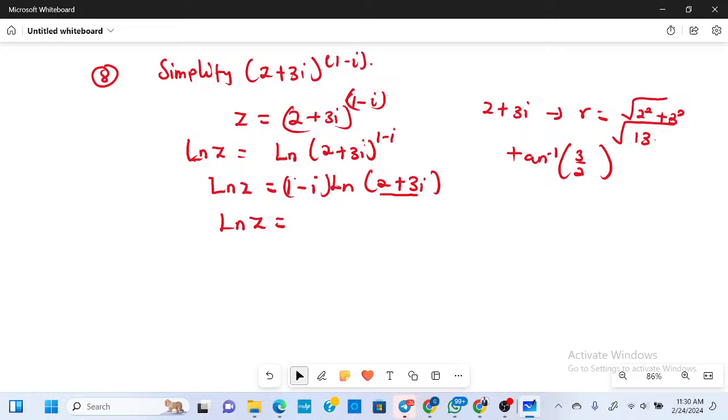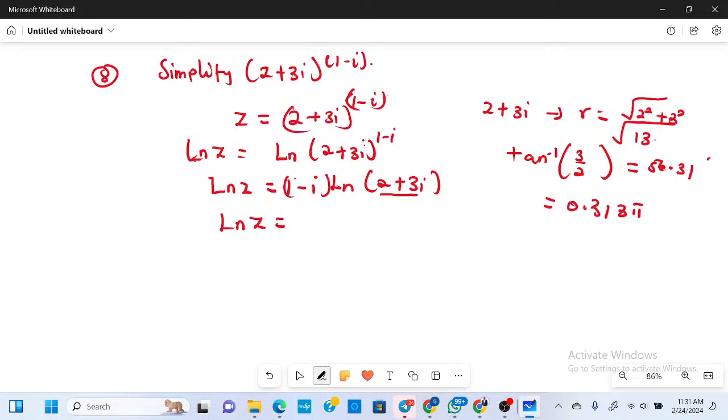That's giving me 56.31 degrees. So I can divide this by 180 to get the corresponding angle in pi radians. This is the same as 0.313 pi.